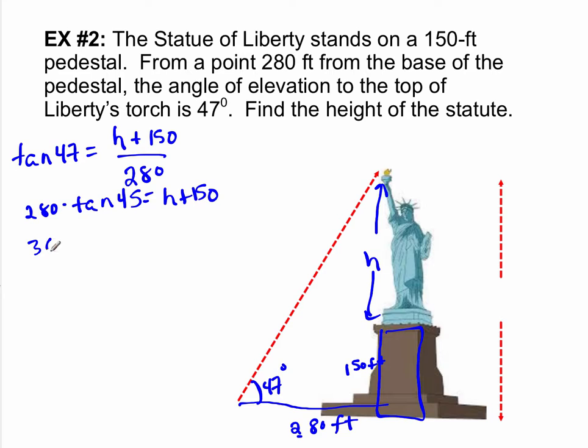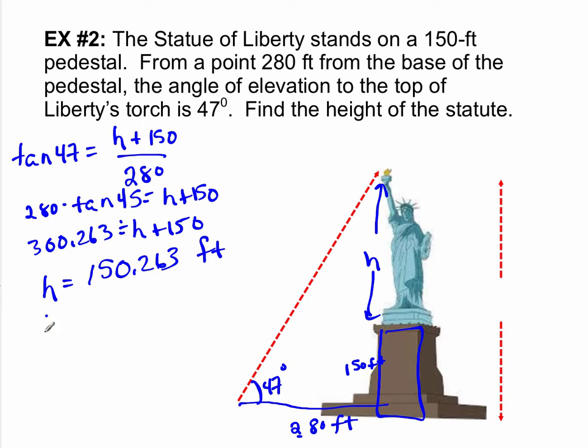So this is 300.263 approximately is h plus 150. So when I solve this for h, I get h is equal to 150.263 feet. This is a little more accurate than we need. Let's round it to the foot. H is 150 feet.